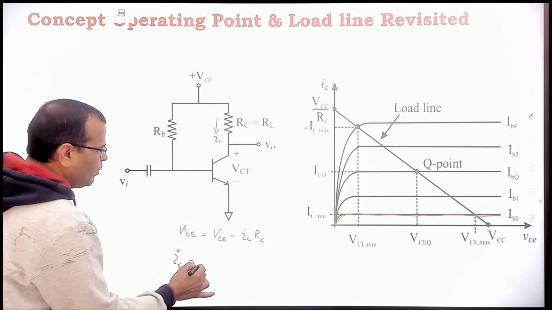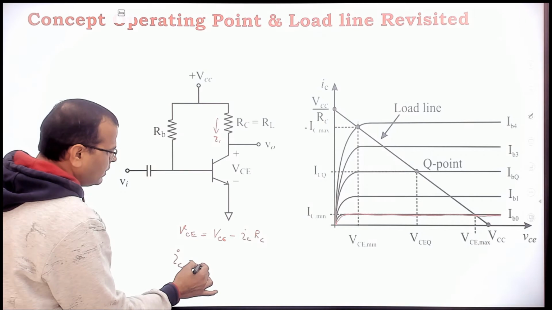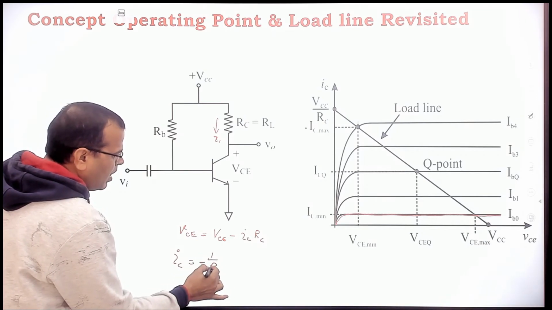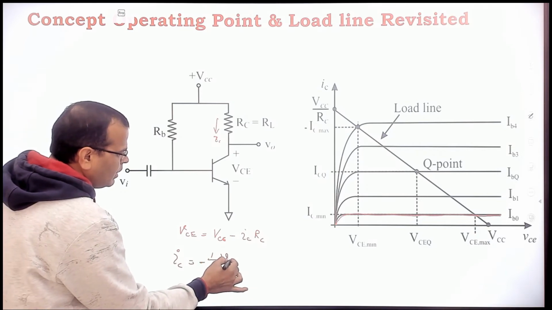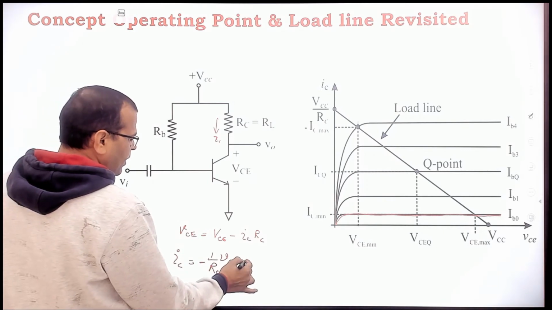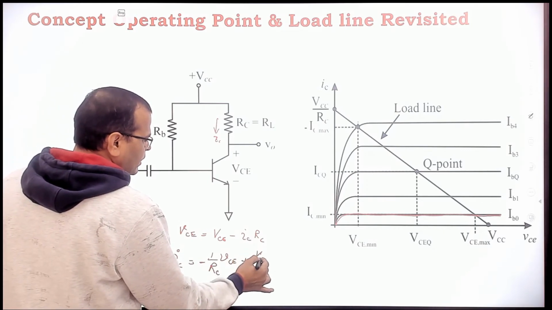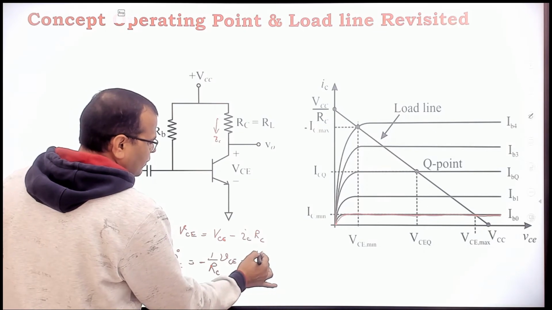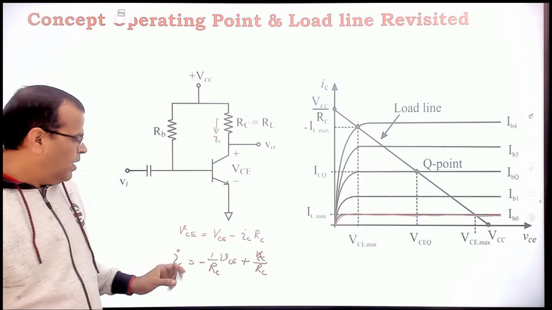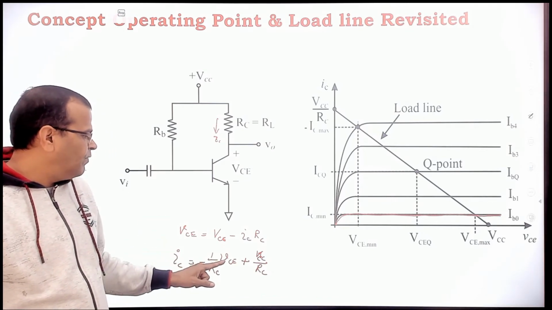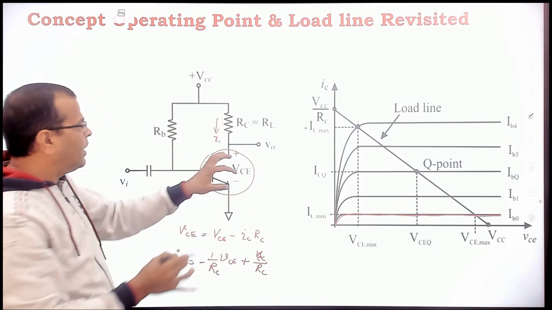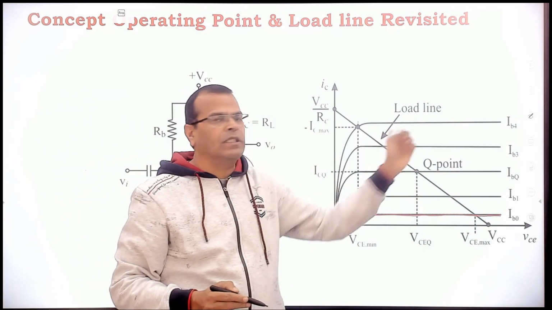Current IC will be equal to minus 1 by RC into VCE, plus VCC upon RC. This is what you have. Mathematically, IC is a function of VCE, but that is coming from this circuit, not BJT, right? The characteristics of BJT are nothing but these lines.